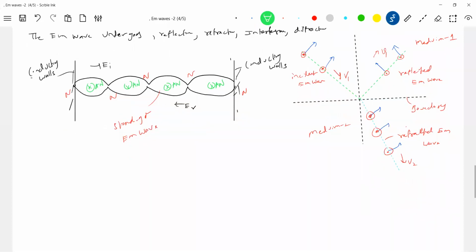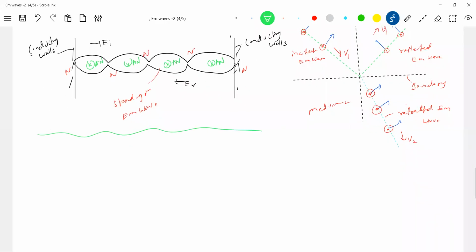Now here I'll just ask you a generalized question. If I give EX, then is it possible to have BY? Then in what direction is the wave propagating? The wave is propagating along the Z axis. Agreed?